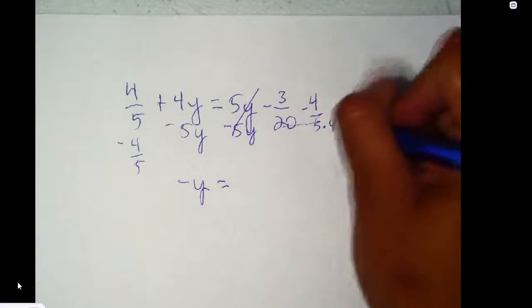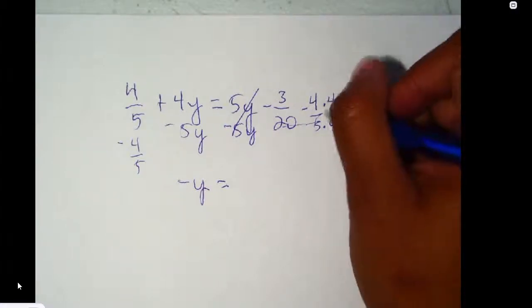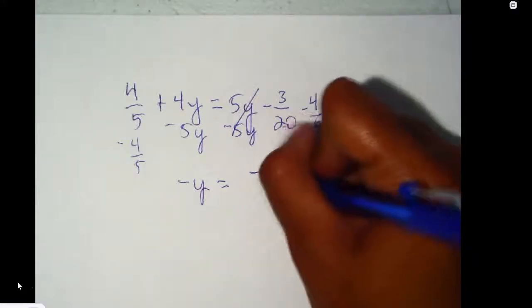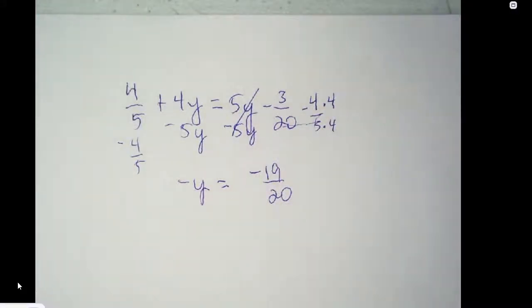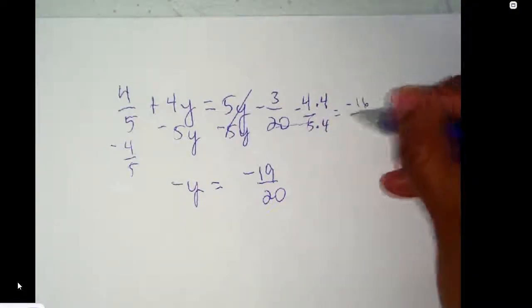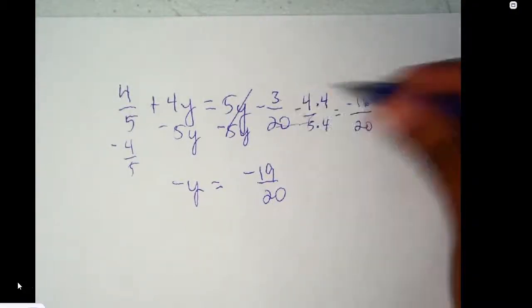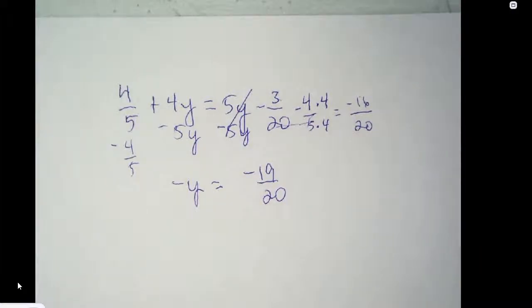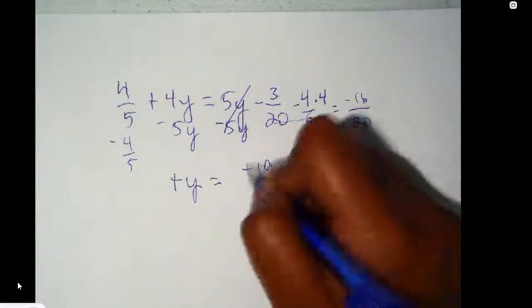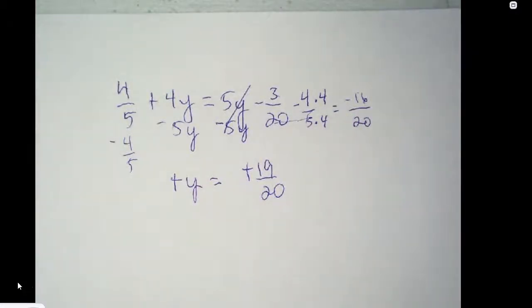Okay, times 4, times 4, 16. So again, I changed this to equivalent fractions. This becomes negative 16 over 20, and then again, add those two together. And now the last thing is, of course, to divide by negative 1, which changes this to positive 19 over 20. Okay, that was number 15.